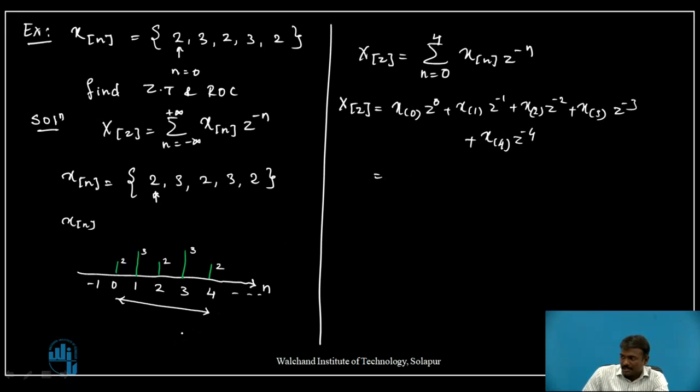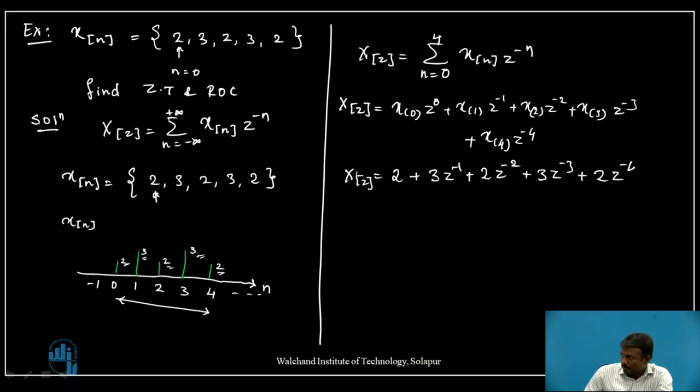From the graph we can see that x(0) is equal to 2, x(1) is equal to 3, x(2) is equal to 2, x(3) is equal to 3, x(4) is equal to 2. By substituting these values in this expression, X(z) is equal to 2 plus 3z inverse plus 2z to the power minus 2 plus 3z to the power minus 3 plus 2z to the power minus 4.